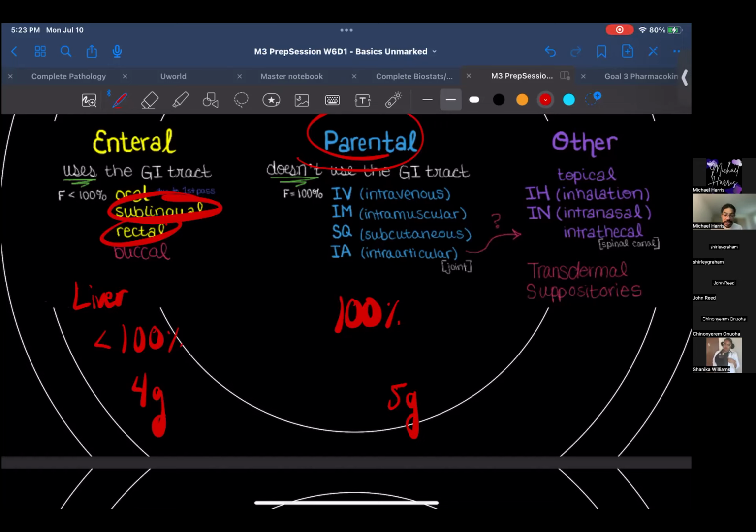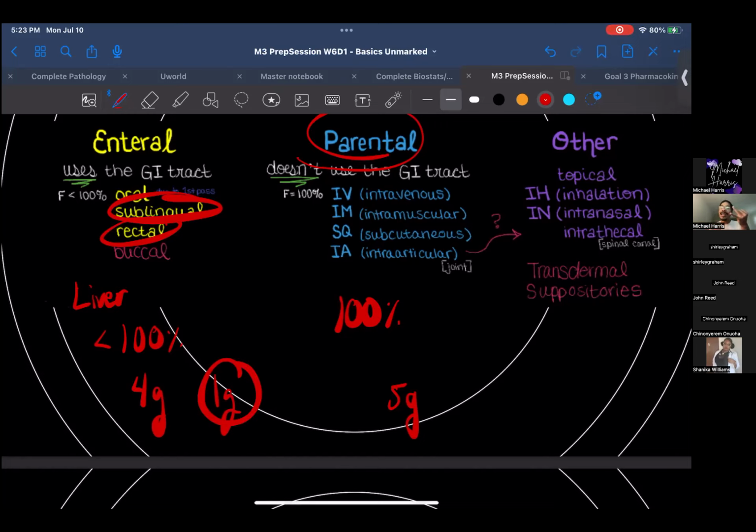You would essentially just divide the two: 4 grams divided by 5 grams. Because that gives you the percentage of what was absorbed and ended up in the systemic circulation. Because 1 gram was essentially not absorbed or lost to first pass metabolism.